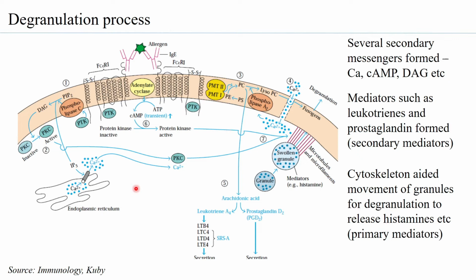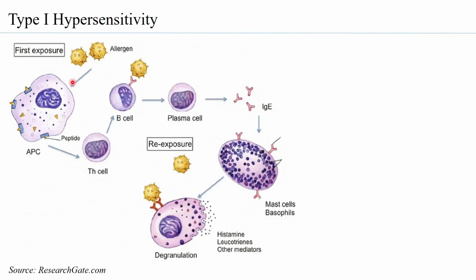And so you can understand that the entire degranulation process happens because of an allergen coming and binding to two IgEs, which in turn are bound to two Fc epsilon receptors. So, what is very clearly observed about type 1 hypersensitivity is that a person who is giving rise, or who is observed to have type 1 reaction, is actually previously exposed to the allergen.